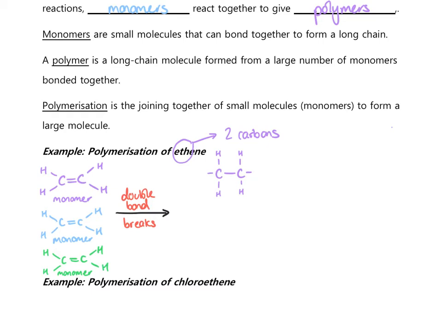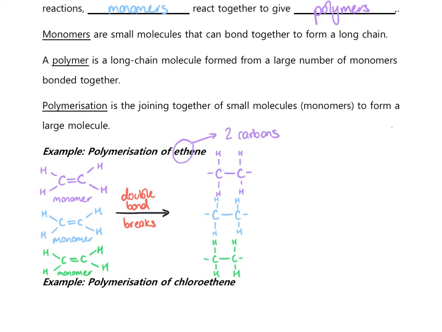So essentially what that short little line is representing on either side of the carbon atoms is that you've almost got half a bond there that is ready to join up with another half bond and form a full bond, and that will start adding towards the chain. So let's draw that for each of our monomers. So you can see the same thing has happened for each monomer. The double bond is broken. We now have a single bond between our carbon atoms, and there's almost half a bond on either side.